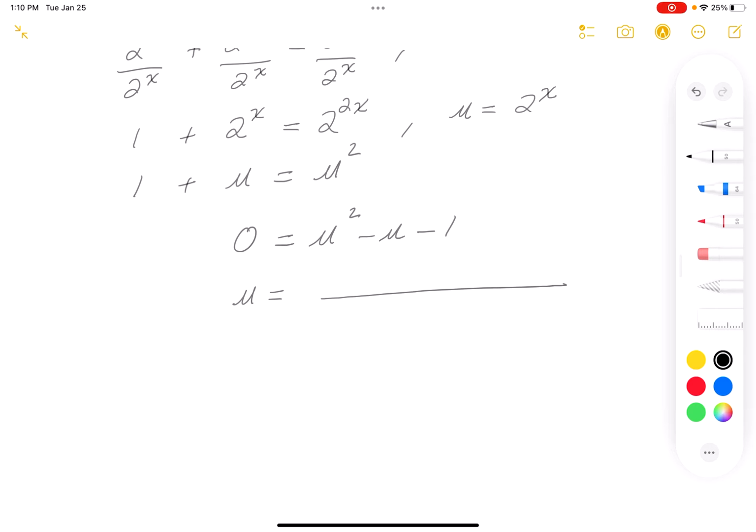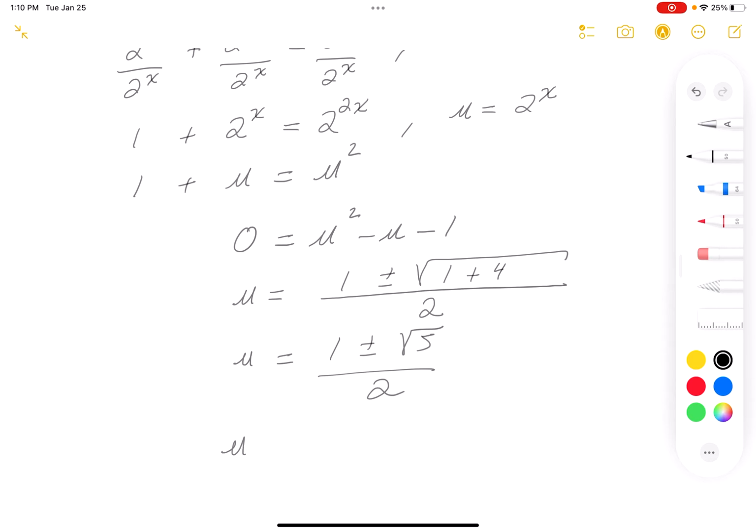Opposite of b would be 1, plus or minus. The b squared would be 1, minus 4ac, well, that would be plus 4, using the quadratic formula, over twice a, 2. u equals 1 plus or minus root 5 over 2.